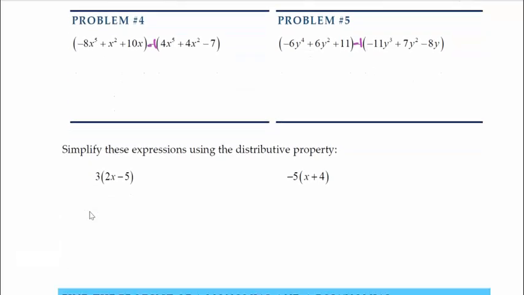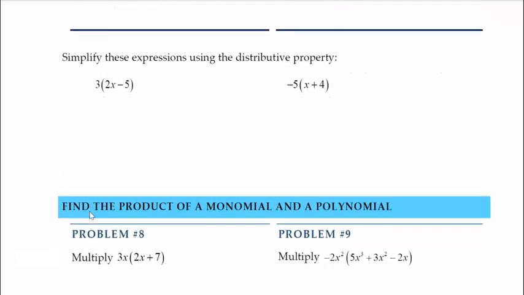Okay, so the other thing in 3.1 that we want to go over is multiplying polynomials, but we need to first talk about the distributive property. So you see something like this, a 3 on the outside, 2x minus 5 inside. We can distribute that 3 to both terms inside.